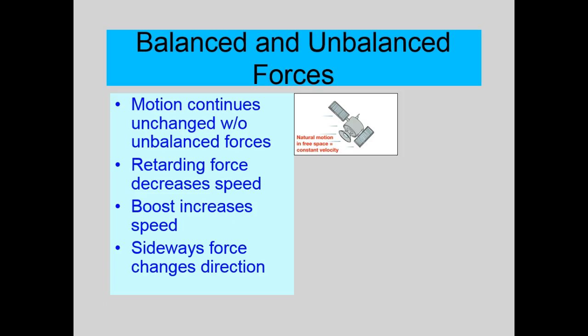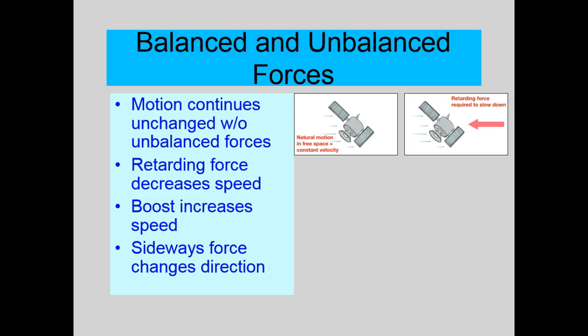The retarding forces will decrease the speed. A booster will increase the speed. A sideways force will change the direction. Here's what we mean. What if that satellite was out there, but you fired what they call retro rockets? Or, say, a chunk of space junk comes and hits it. That force, the hit or the force of the retro rockets, is going to slow it down, and if not make it move in the opposite direction, decrease the motion in that direction.